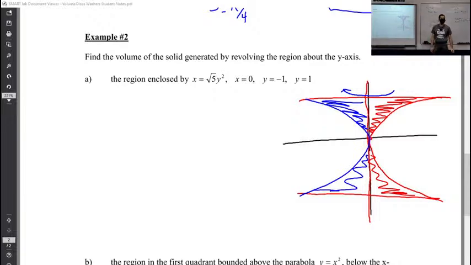Okay. And then because it all funnels and feeds right into the y-axis, this is actually going to end up being a disk instead of being a washer. So my disks look like here, and let's draw another one here. Let's draw another one here. This is what my disks look like.